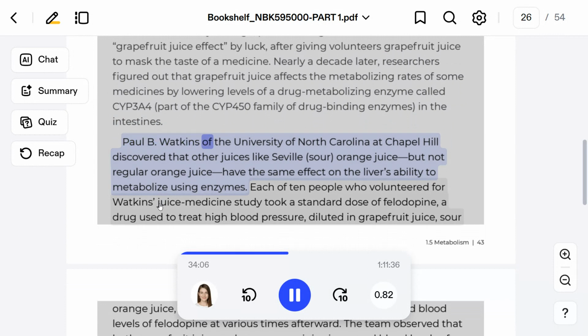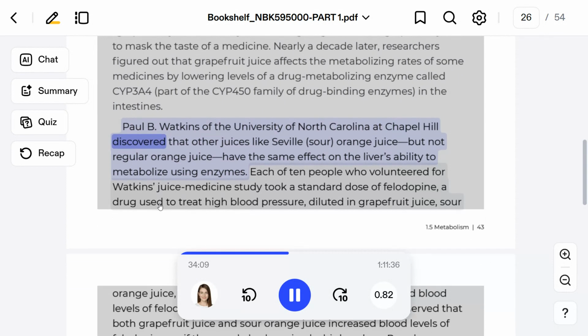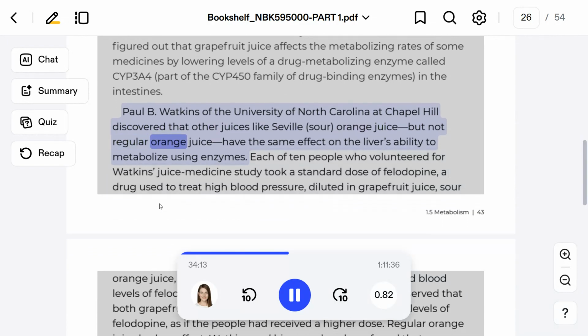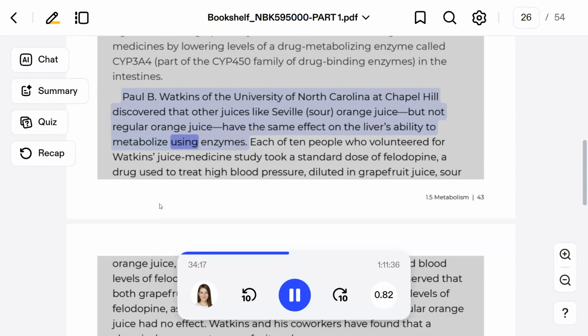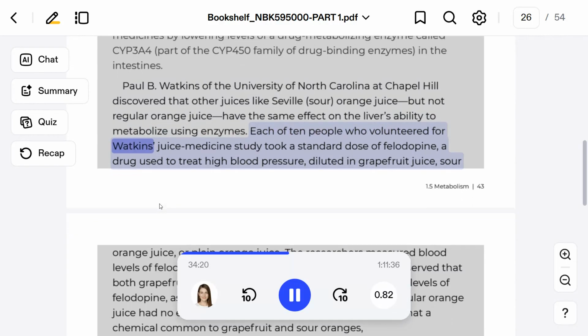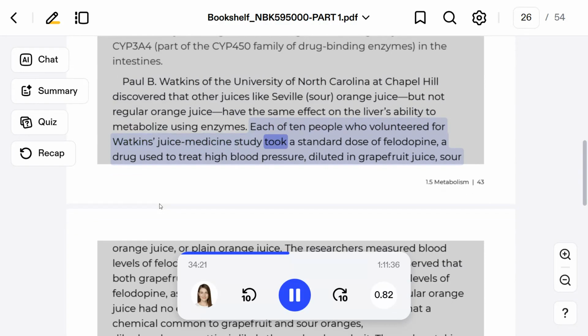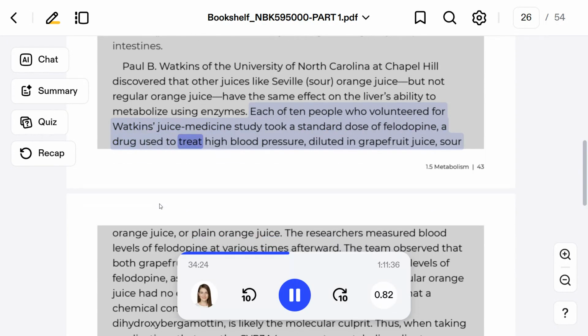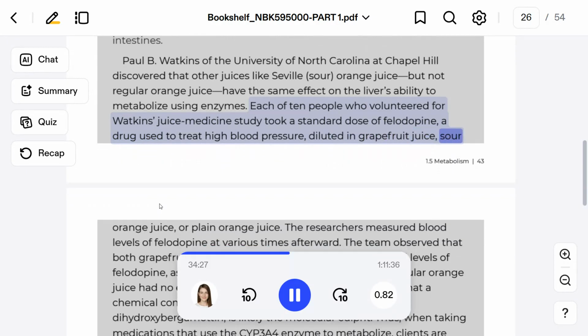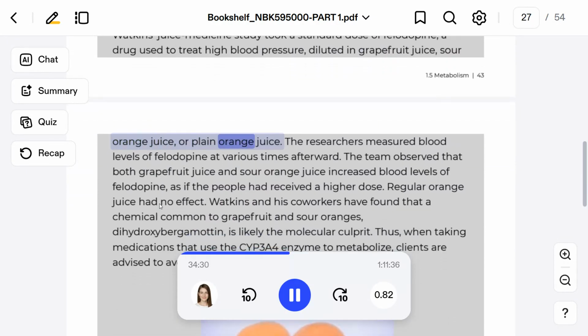Paul B. Watkins of the University of North Carolina at Chapel Hill discovered that other juices like Seville orange juice, but not regular orange juice, have the same effect on the liver's ability to metabolize using enzymes. Each of 10 people who volunteered for Watkins' juice medicine study took a standard dose of felodipine, a drug used to treat high blood pressure, diluted in grapefruit juice, sour orange juice, or plain orange juice.